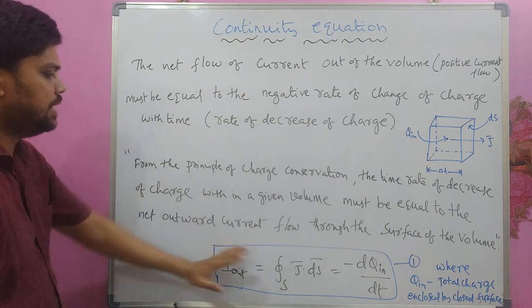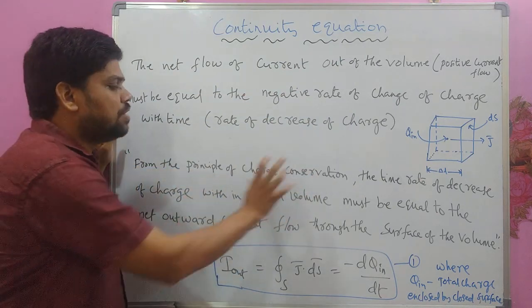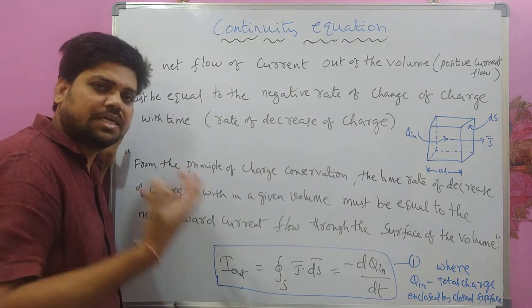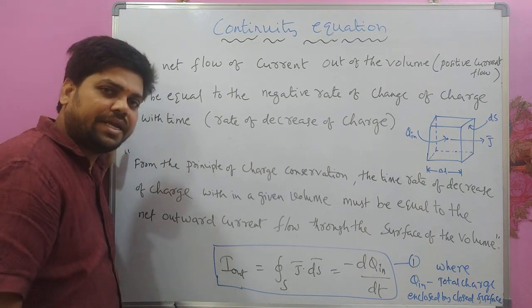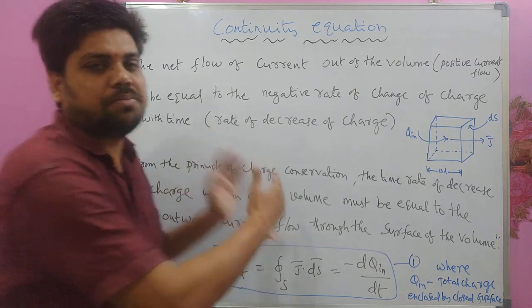This can be written in the other way also, from the principle of charge conservation. What is charge conservation? Charge can neither be created nor destroyed, but it can transfer from one place to another.